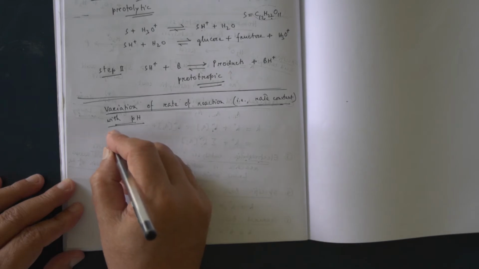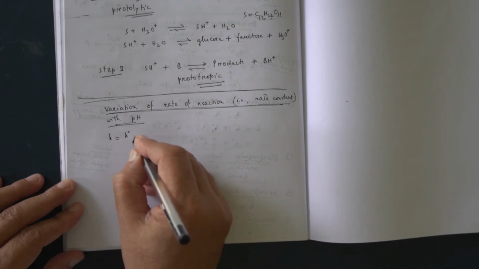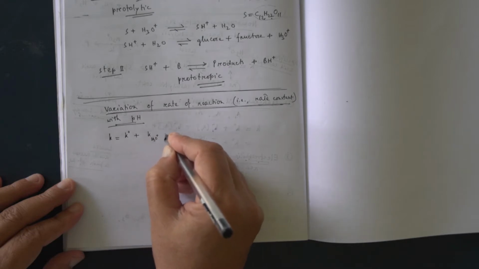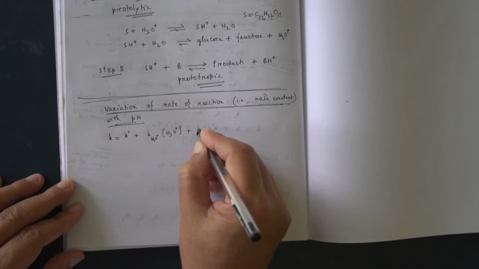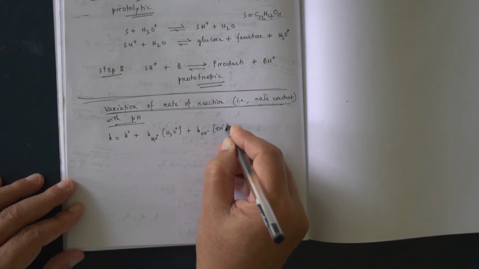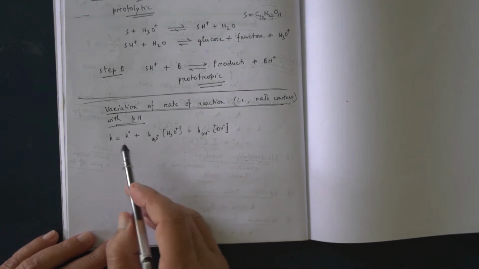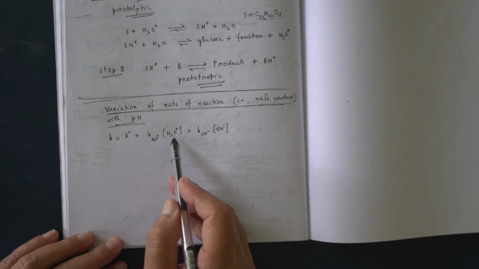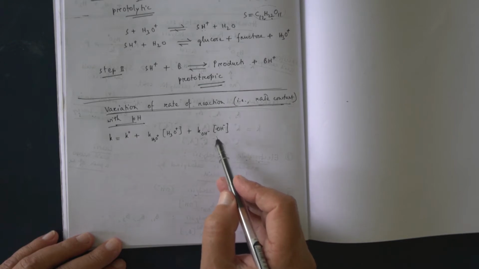In that case, K will be equal to K naught, the uncatalyzed constant, plus K H3O plus, the catalytic constant, times the hydronium concentration, plus K OH minus times the hydroxide concentration. So by this we mean that the reaction is catalyzed by hydronium ion, that is acid, and hydroxide ion, base, at the same time.